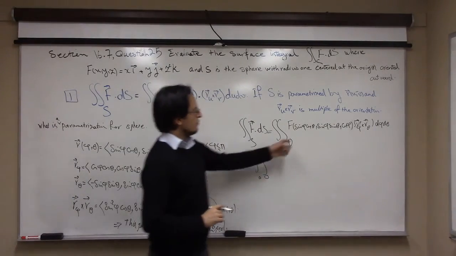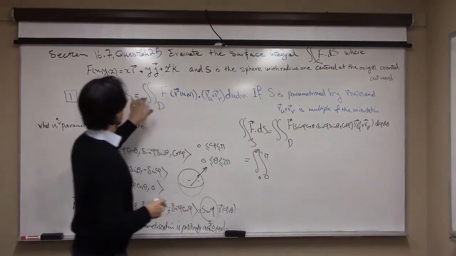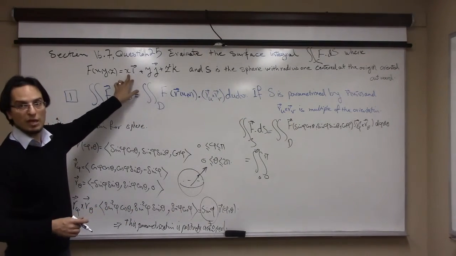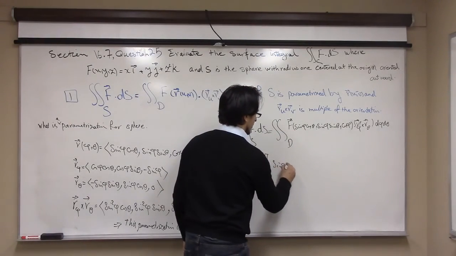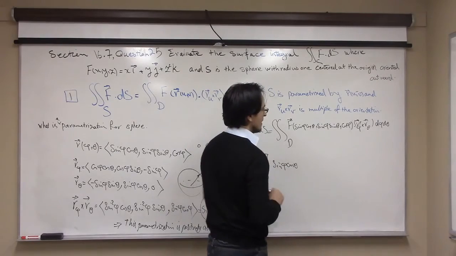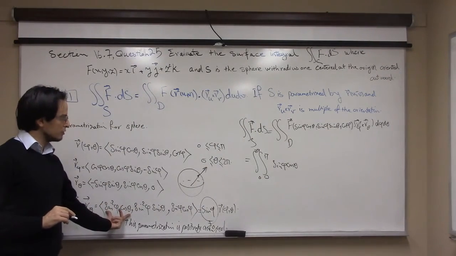And then from the vector field, when you plug in these things, the first component is x, which is going to be sine phi cosine theta. But dot producted to this component, sine squared phi cosine theta.